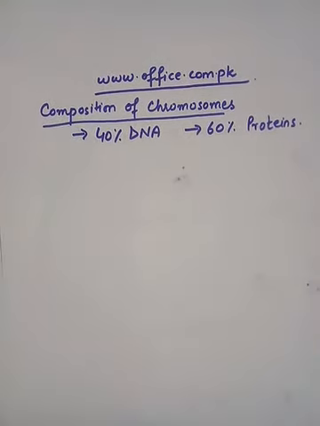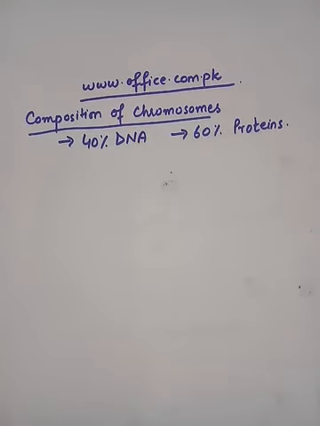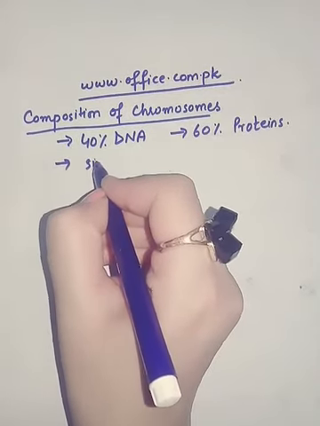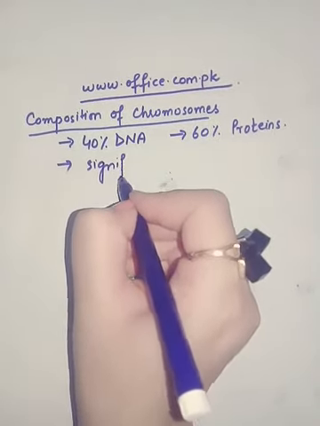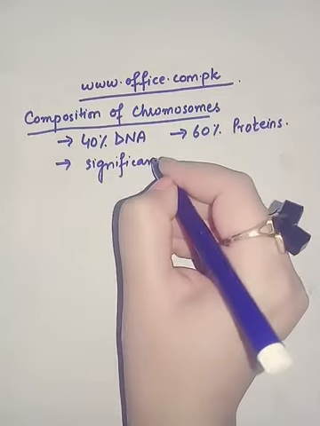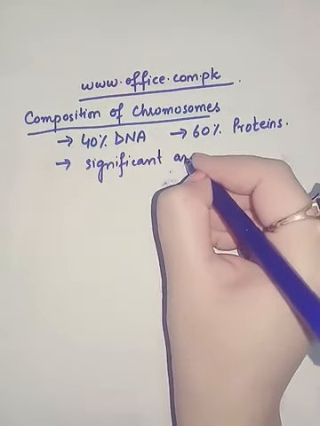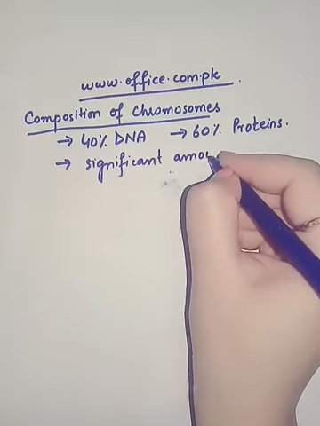Proteins are not only structural, but they are very much supportive when it comes to function. Also, there is a significant amount of RNA. Significant means quite important. Significant amount of RNA, ribonucleic acid.